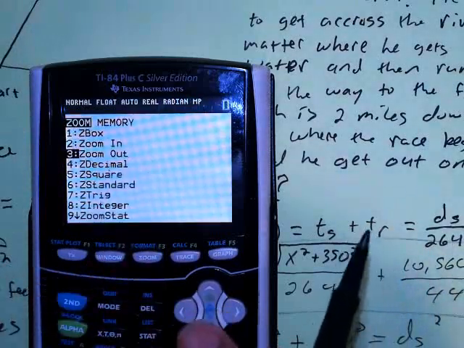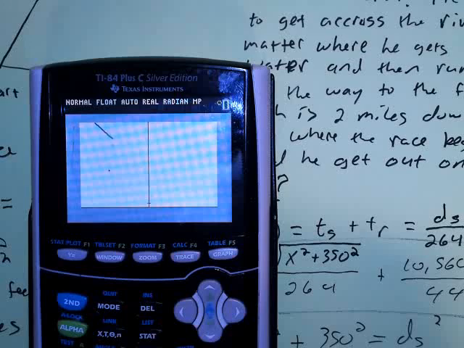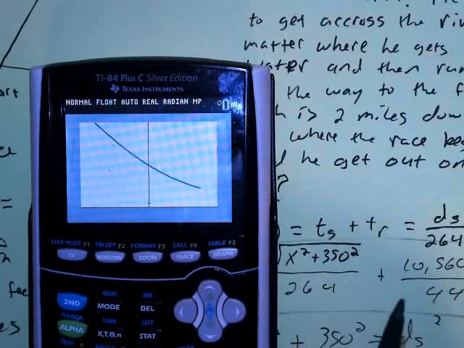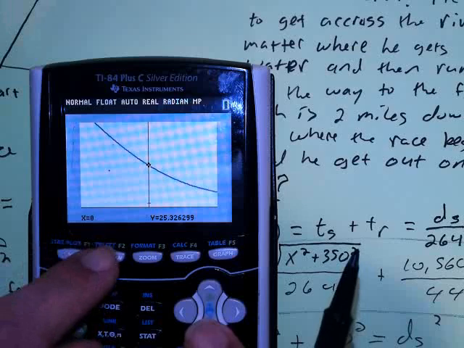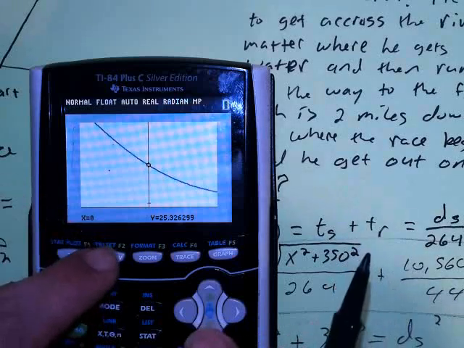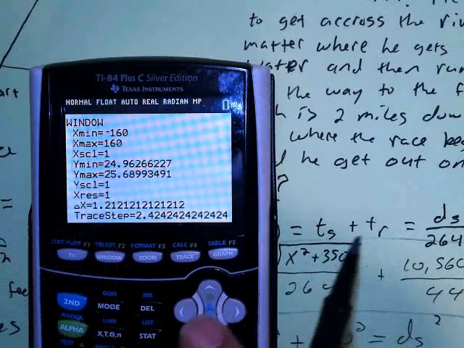So maybe I'll zoom out again. And you do see that it's curving around now. So that's nice. And so I think what I need to do here, and of course only positive values matter, I'm going to now change my window. So this is what I get here.